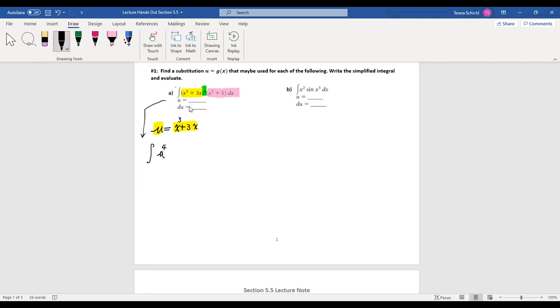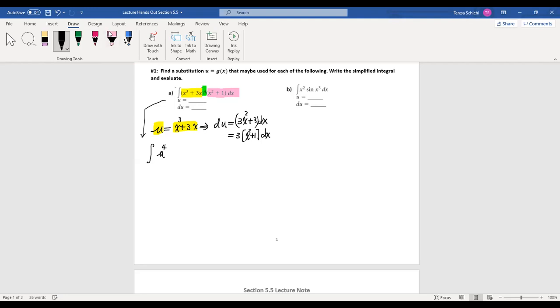If u is equal to this one, then I take the derivative of both sides. So this is du equal to 3x squared plus 3, then the dx here. Now you factor out the 3, so this is 3 times x squared plus 1, the dx.